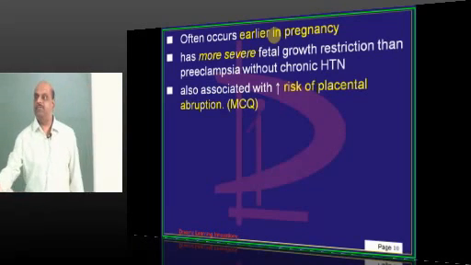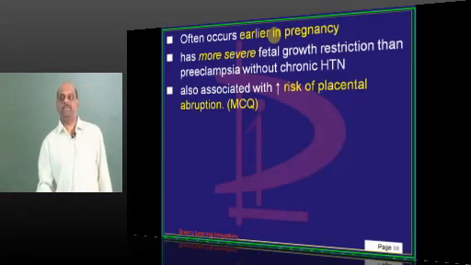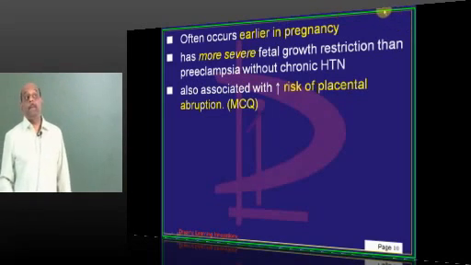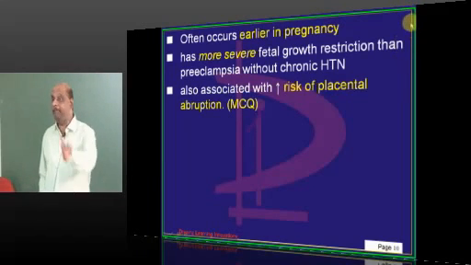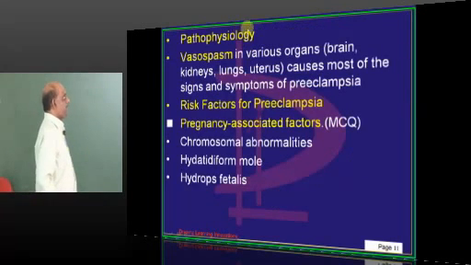That will affect the fetal blood flow. And hence IUGR is more severe if it is a superimposed preeclampsia rather than a preeclampsia developing only at the time of that pregnancy. And also abruptio placentae, one of the risk factors we said for preeclampsia, no? This superimposed preeclampsia will increase further the risk of abruptio placentae.